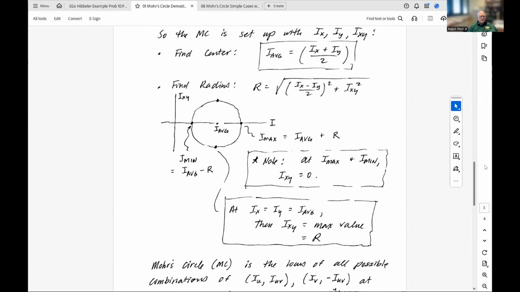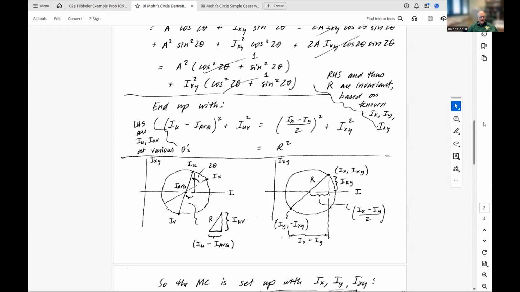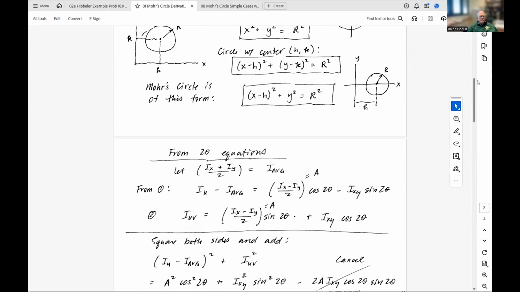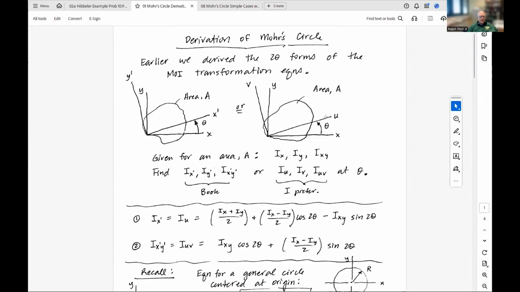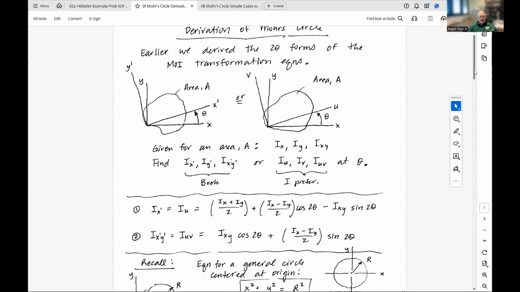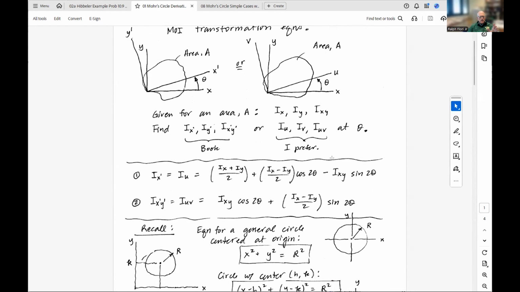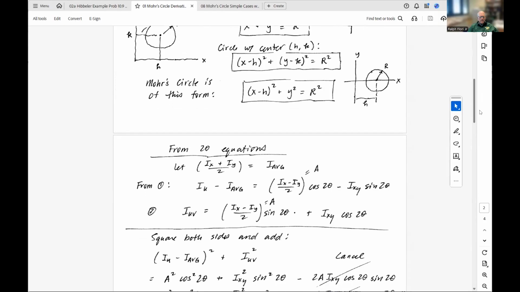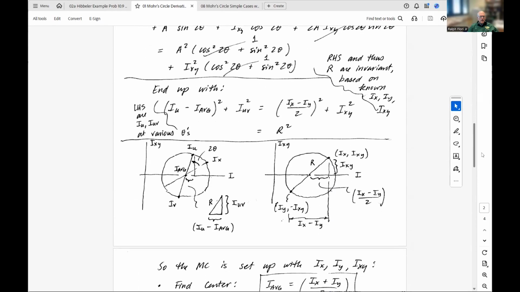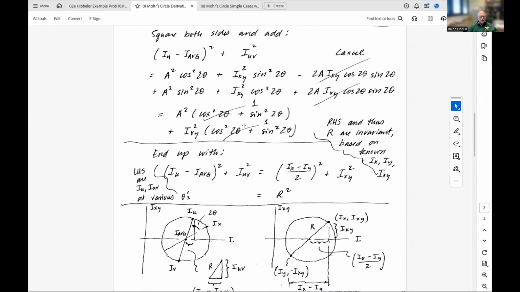One more subtle feature is that, remember, theta was a single theta at which we located our rotated axis system. But because we used the two theta equations and squared them in order to get Mohr circle, you still have all these two theta forms.